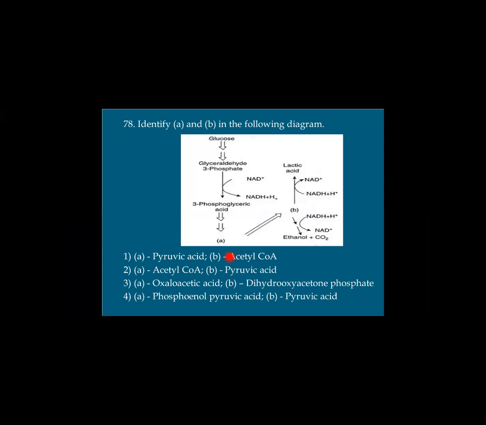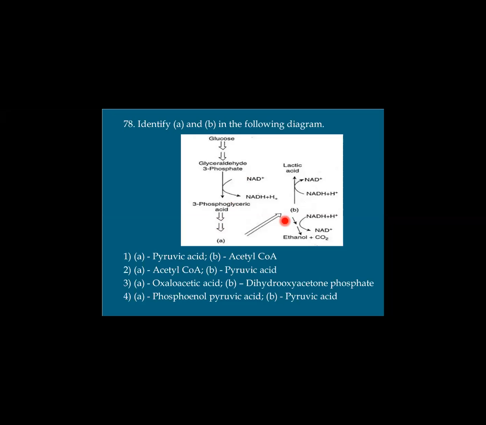Identify A and B in the following diagram. Students, this is the diagrammatic representation of anaerobic respiration. Glycolysis proceeds via its normal sequence of reactions. And here you are getting a molecule, the first molecule A, that is nothing but the pyruvic acid. A is pyruvic acid here.